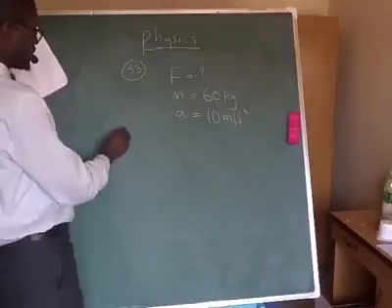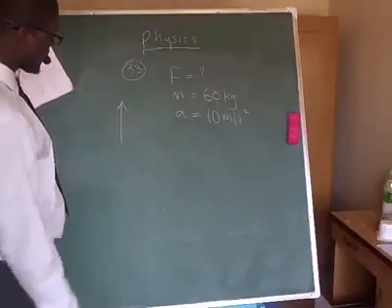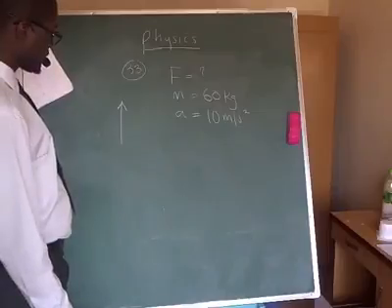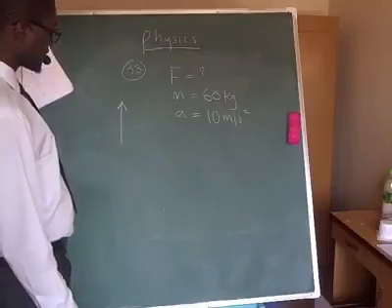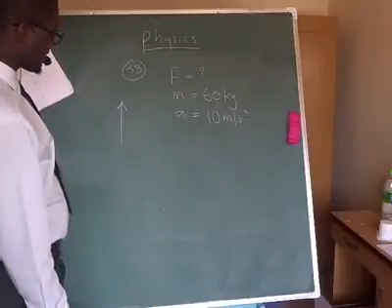So this body is moving vertically upwards, and we're looking for the force that will give it an acceleration of 10 meters per second squared.